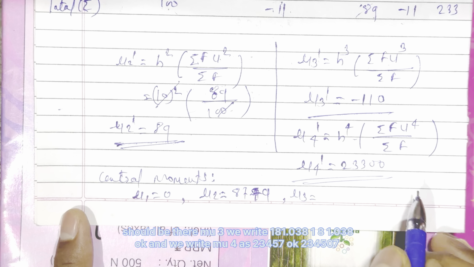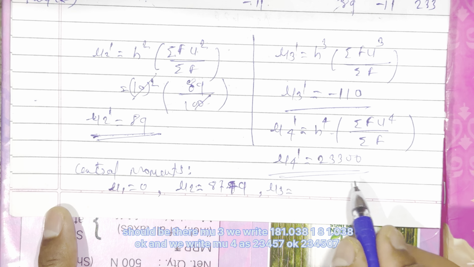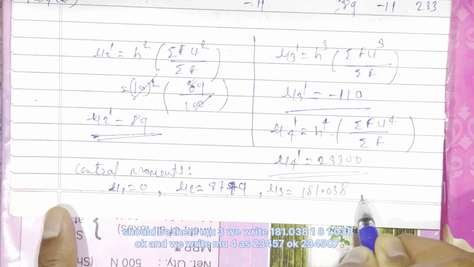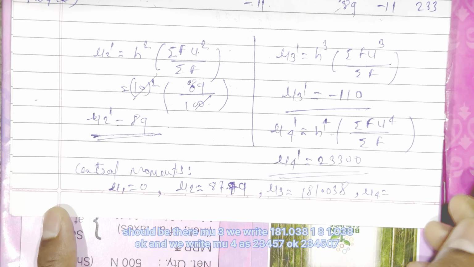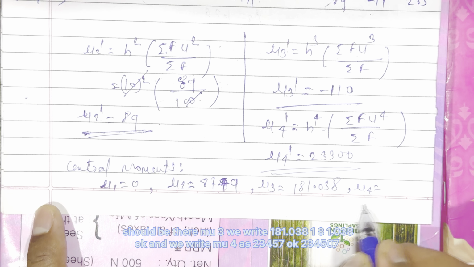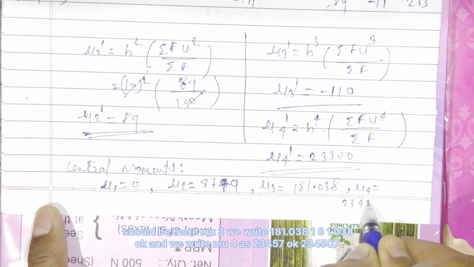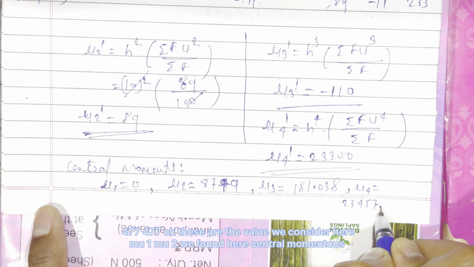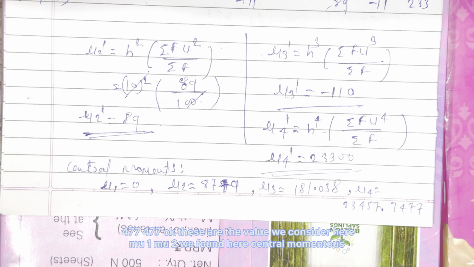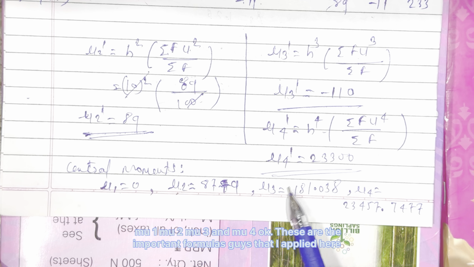Mu3 we write 181.038. And we write mu4 as 23457.7477. These are the values we consider here. We found the central moments mu1, mu2, mu3 and mu4.